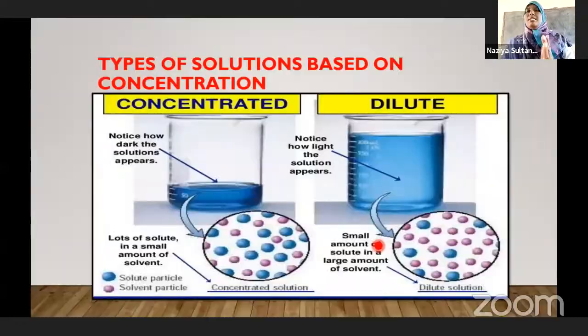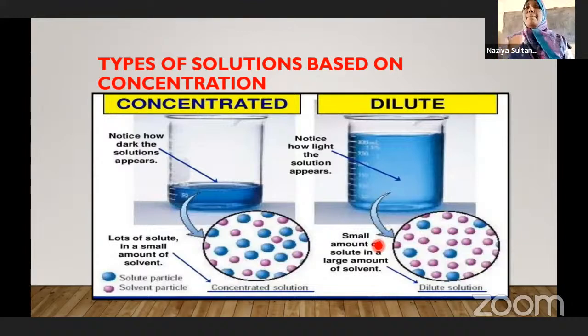Next is types of solutions based on concentration. If the number of solute particles is more in a given volume of solution, we call it concentrated. If the solute particles are less in a given volume of solution, we call it a dilute solution.